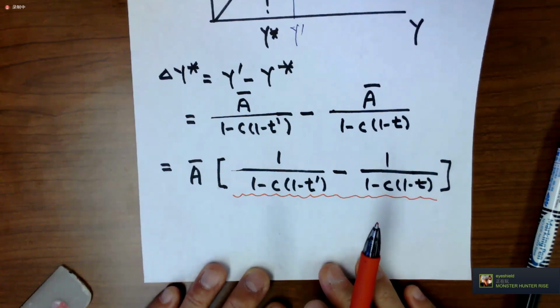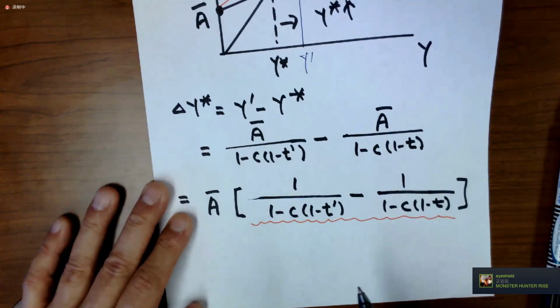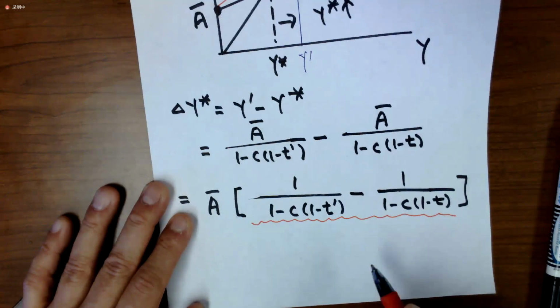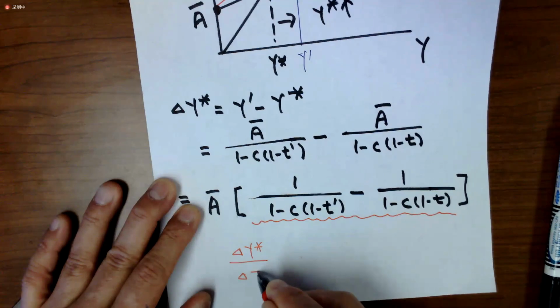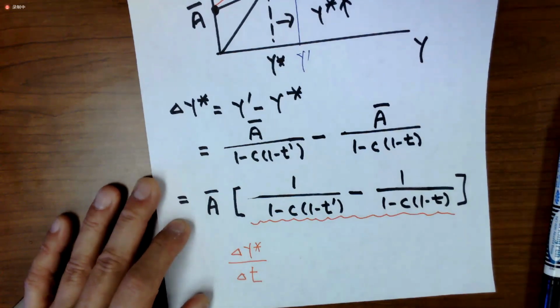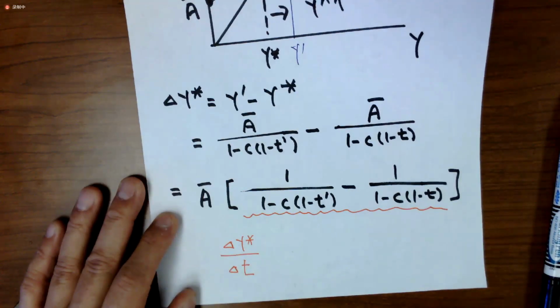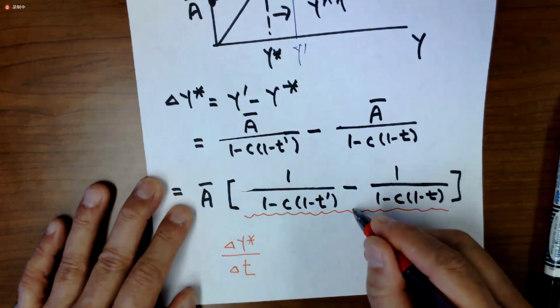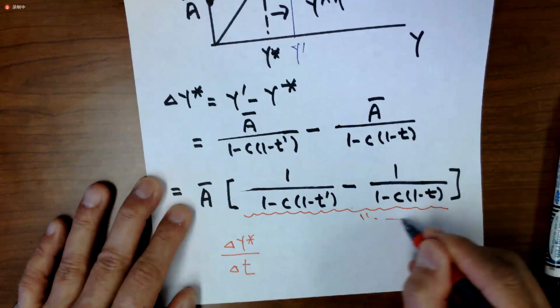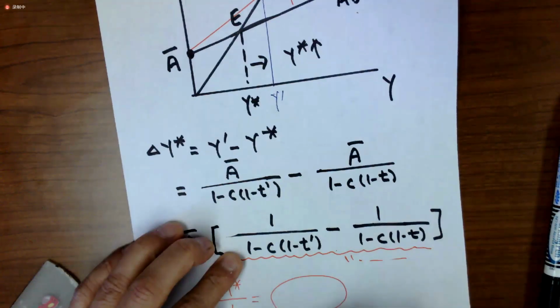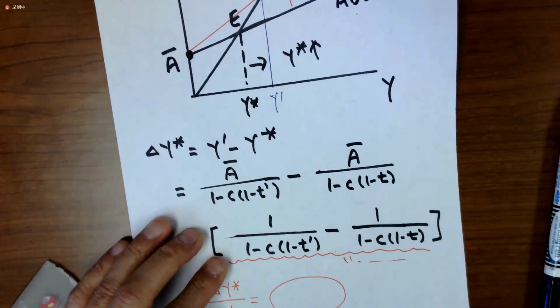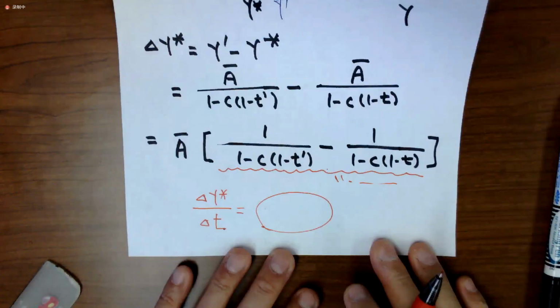All I want you to know is that in principle, you should be able to get an expression of change in Y star divided by change in T. If I continue, in the end I'm going to get something like this. I'm not going to give you the expression. Don't worry about it. It's in the textbook, but I'm not covering it in the lecture.